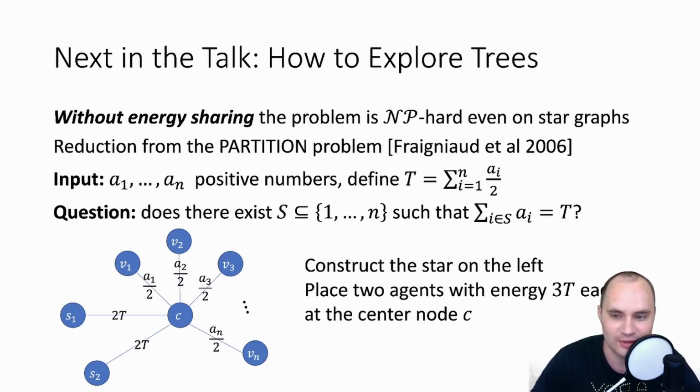So if they can perfectly balance the leaves so that the exploration cost is T for each of them, then they can visit the corresponding leaves and then go to s1 or s2 and complete the whole exploration with 3T. And if they cannot partition which agent is responsible for which leaves, then they cannot visit all the edges. So this reduction shows that without energy sharing, exploring even such simple trees as stars is NP hard.